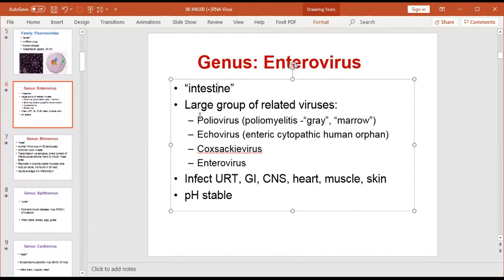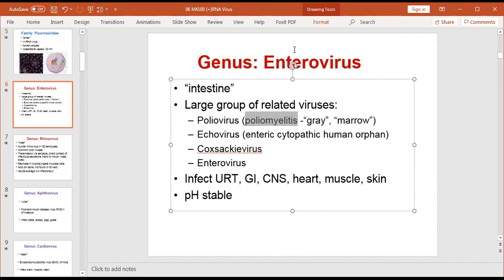These include poliovirus, echovirus, Coxsackie virus, and enterovirus. Poliovirus causes poliomyelitis. Echovirus stands for enteric cytopathic human orphan virus.